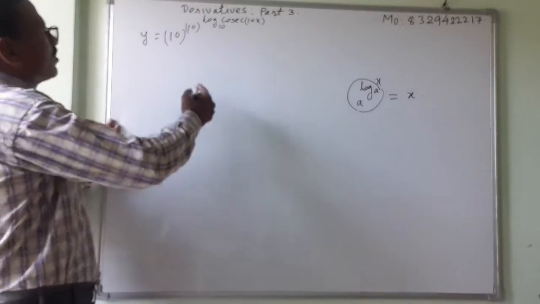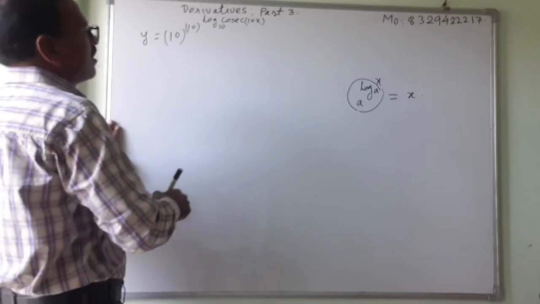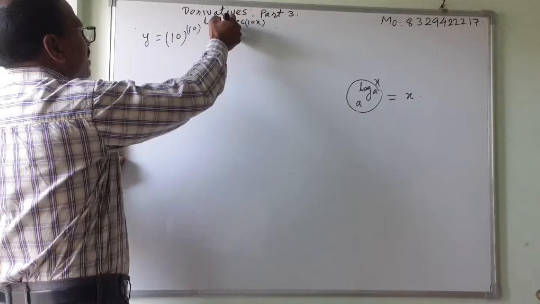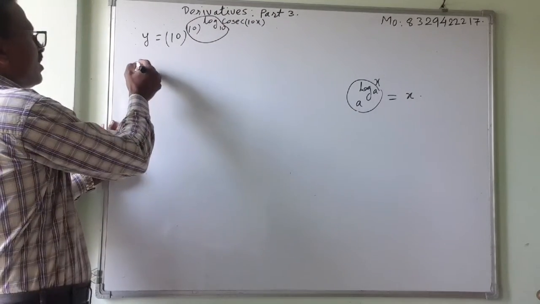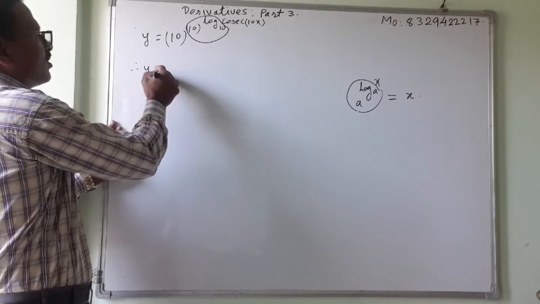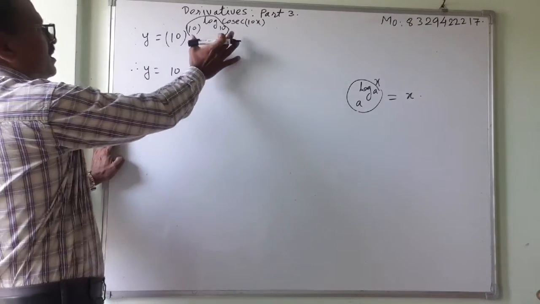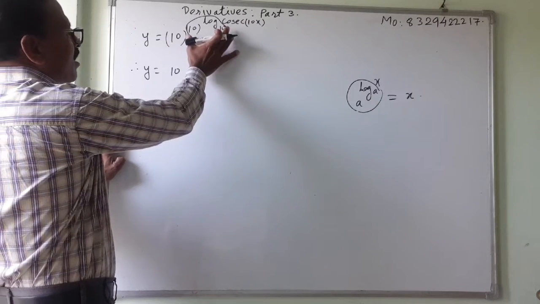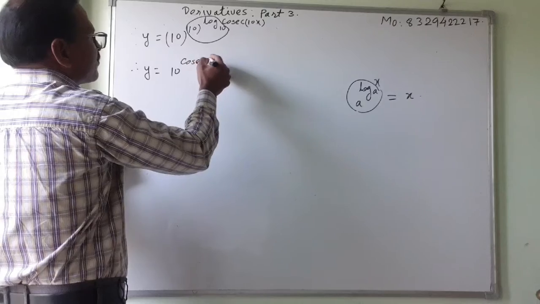So here also, if I see this is 10 and this is also 10, so this much part will get cancelled. So what will remain? Therefore, y is equal to this 10 will remain definitely. This much part will get cancelled, and of this what will become? Cosec 10x.